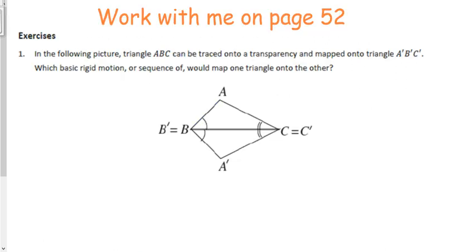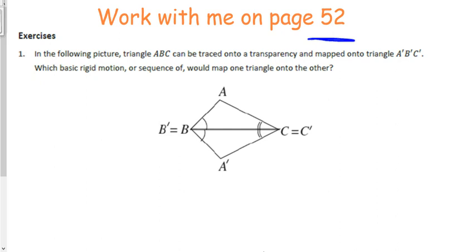Now, let's try this. Now we're going to identify which of the transformations they've done. So we just performed transformations in a sequence. Now we have to identify which one did they use, or which ones did they use. So in this example right here, this is example 1 on page 52, that first exercise on page 52.